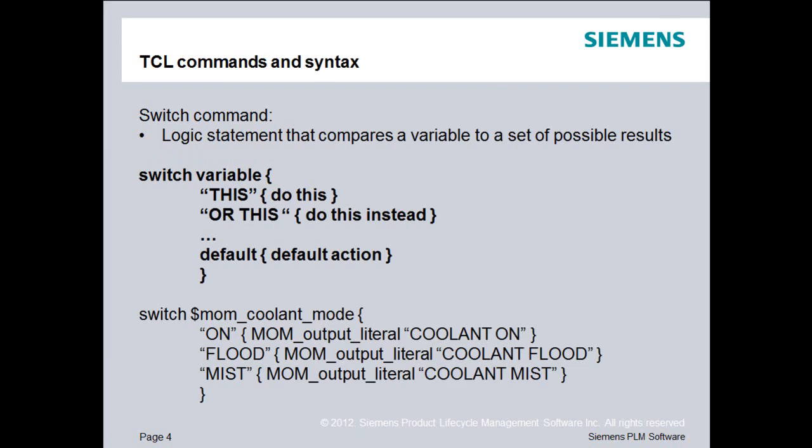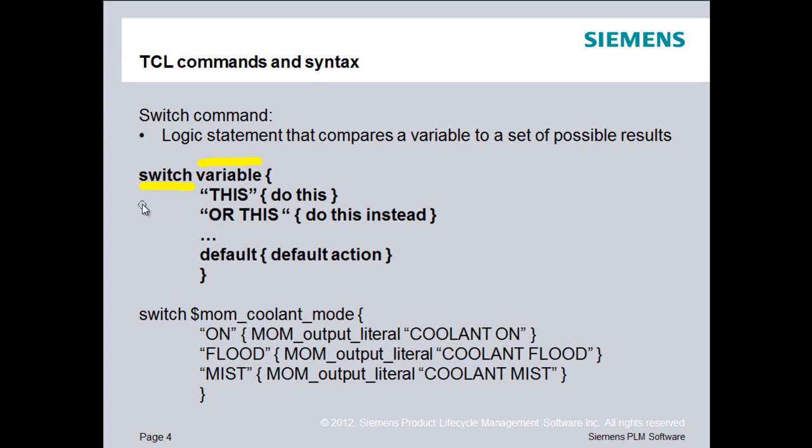The switch command is similar to the if statement in that it allows you to control logic and flow of the program. The difference is the switch command compares the value of a variable to a list of possible values. The example I have here shows that we first use the code name switch, then we supply it with a variable, and then what switch does is it compares the value of that variable to a list of possible outcomes.